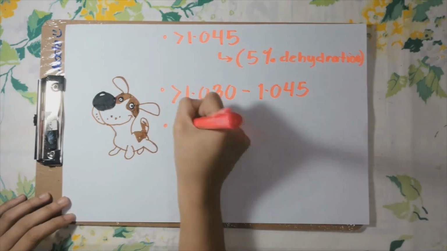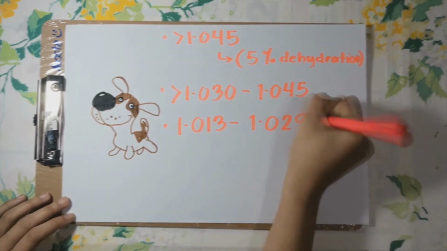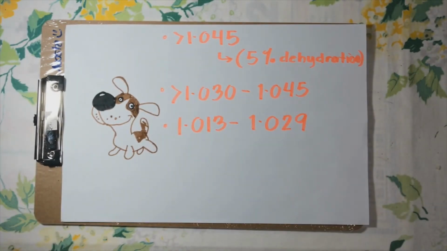A urine-specific gravity of 1.013 to 1.029 indicates some ability to concentrate urine. Values in this range may be normal if no stimulus for urine concentration exists. However, values in this range are abnormal if the animal is dehydrated or azotemic due to a pre-renal or renal insult.